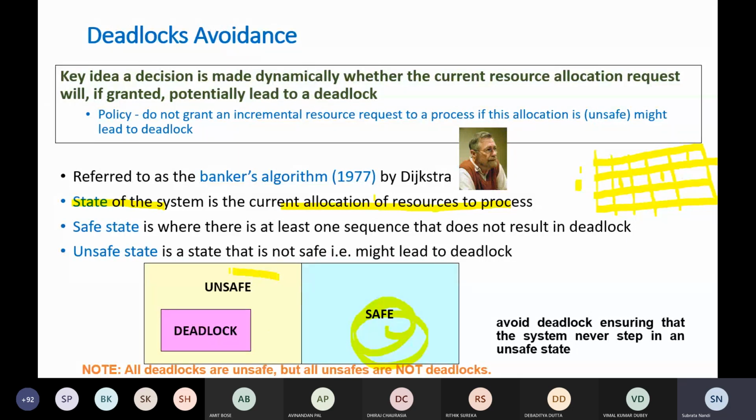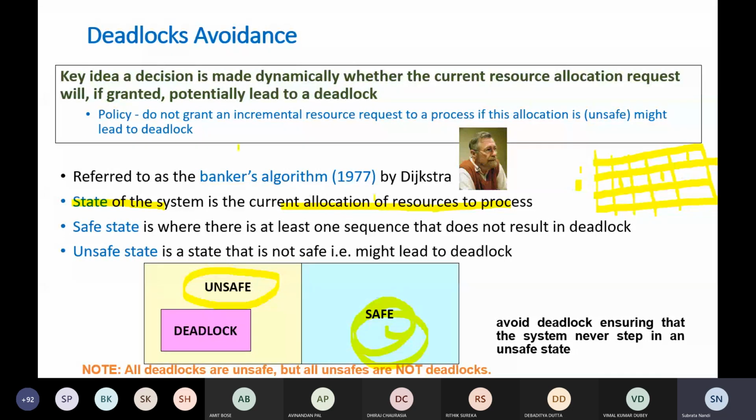But if it is an unsafe state, if you allow the request to be granted, knowing that it will lead to an unsafe state, this might be dangerous. An unsafe state does not guarantee that it is a deadlock, but there may be some request patterns which will lead from this unsafe state to a deadlock state.